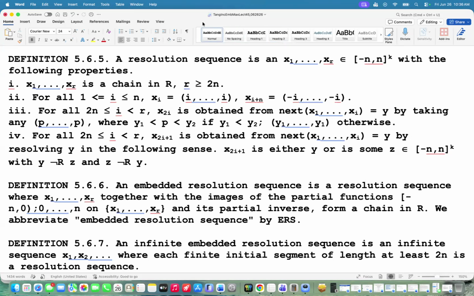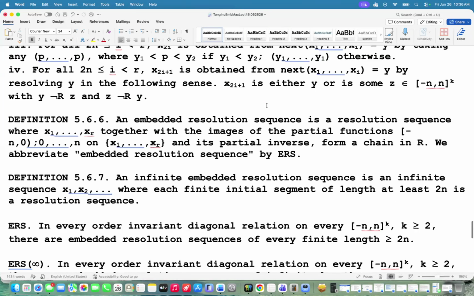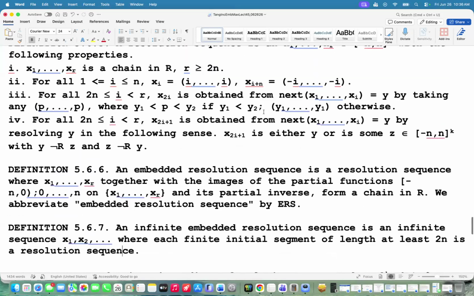In any case, you're only going to give out a diagonal. The even indexed x's are all going to have to be diagonal. The odd numbered x's, this is what you use to do resolutions.